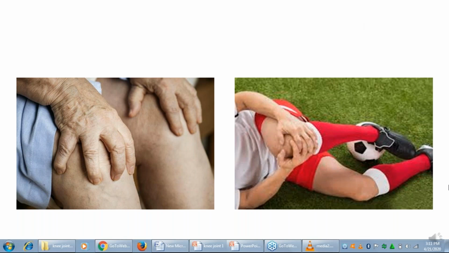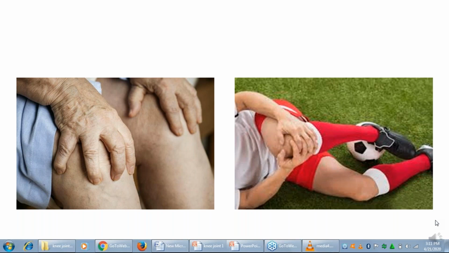So, by keeping that picture in our mind, we now commence our second part of the knee joint. The first part, we already covered the anatomy of the knee joint. In the second part, we'll cover all the applied aspects related to the knee joint and the movement of the knee joint.